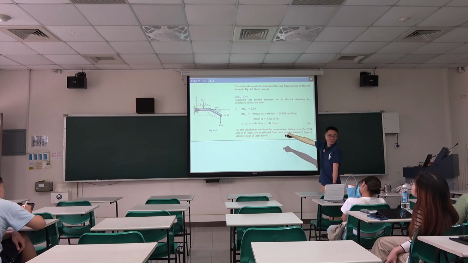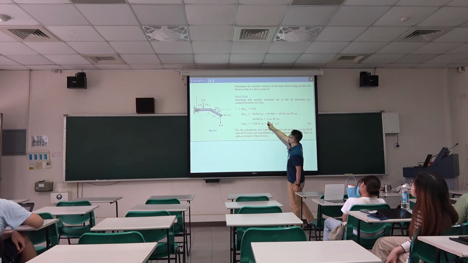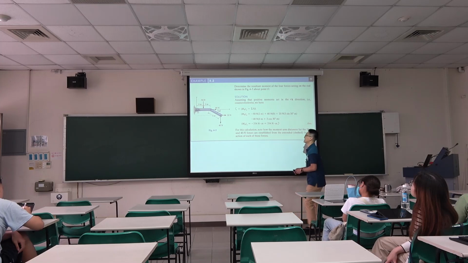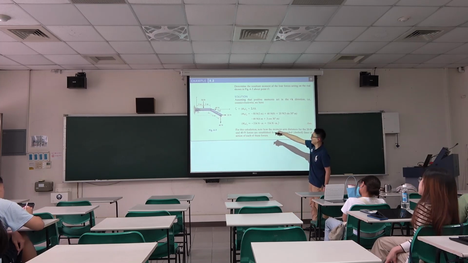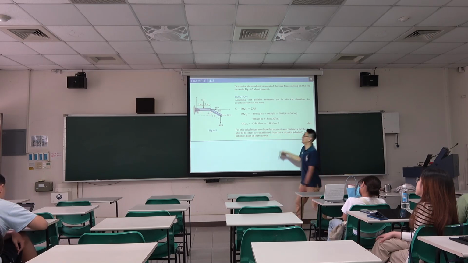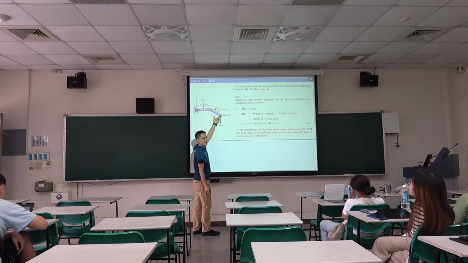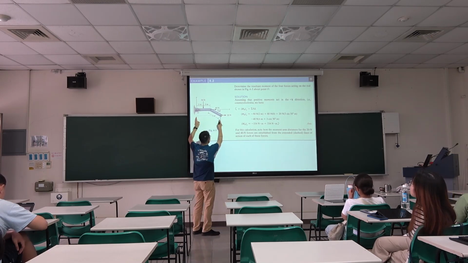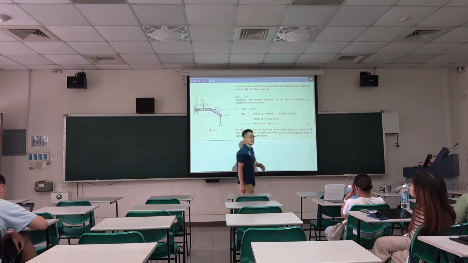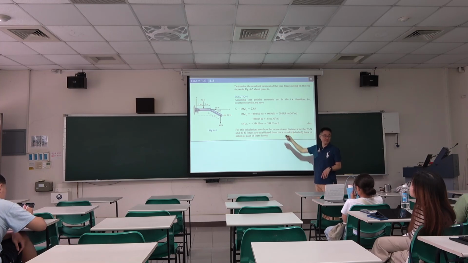Counterclockwise, yes, so it is positive. Then the level arm for the next force is this part: 3 cosine 30 is this distance, plus 4. That 4 is here, and 3 cosine 30 is here. So that's the level arm for 40 Newton. The 40 Newton force is also a clockwise moment, so it is negative.